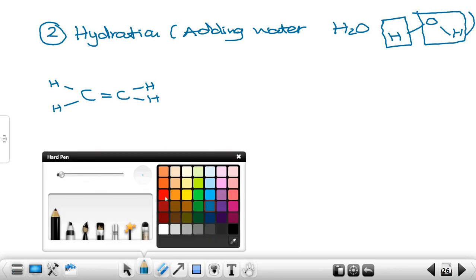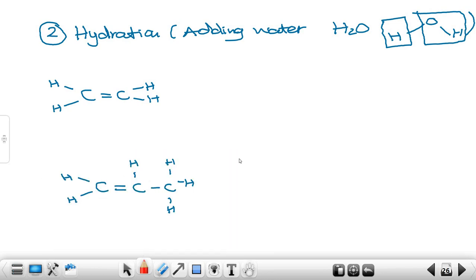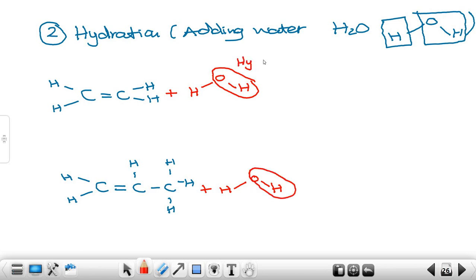So if we add water to an alkene, we are going to get alcohol. So let's see now, we are adding in the water, plus H2O. So there's going to be this part, which is going to be our hydroxyl part, right? This is the functional group, hydroxyl. This is going to form the hydroxyl group, which is for alcohols.